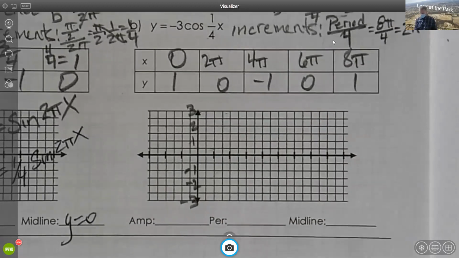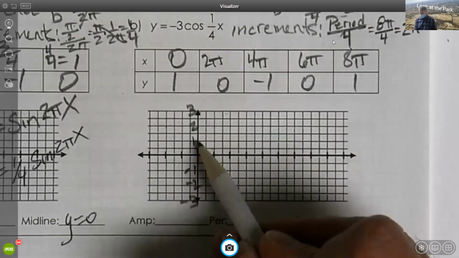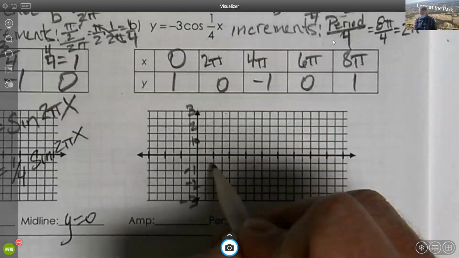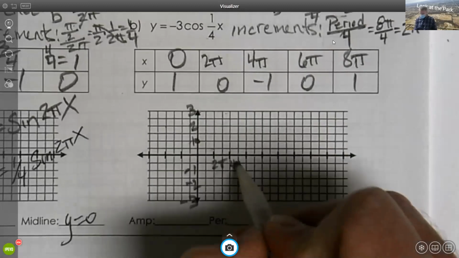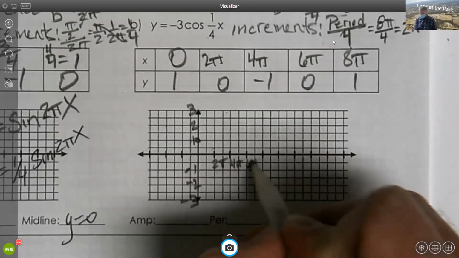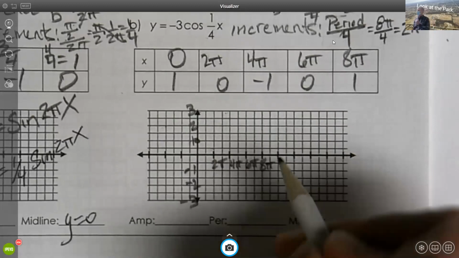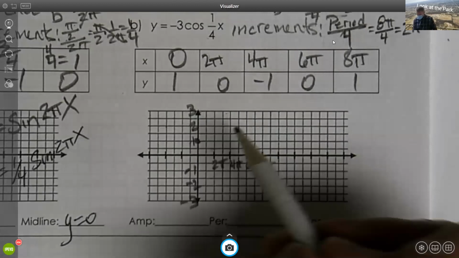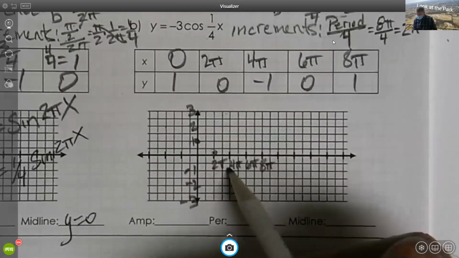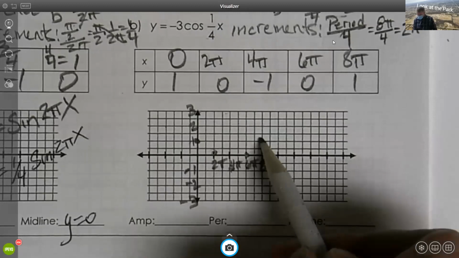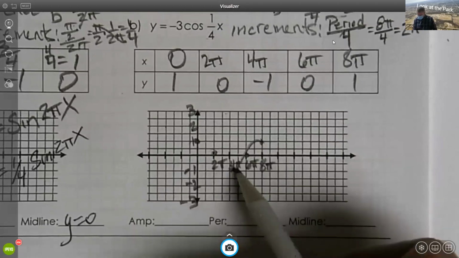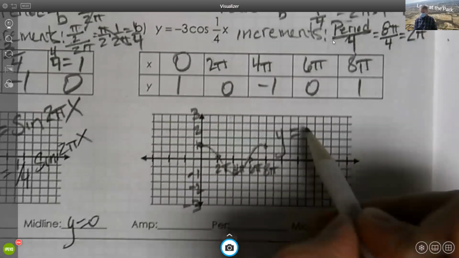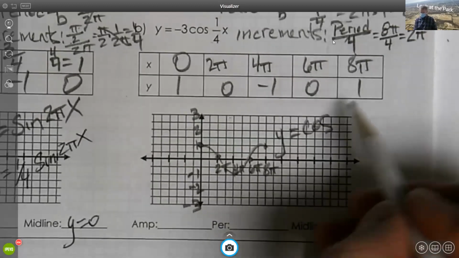So my cosine graph typically goes from 1, then we're going to say 2 pi, 4 pi, 6 pi, and 8 pi. This is a cosine graph, so it makes it more like a U shape. So y equals cosine of 1/4 x.